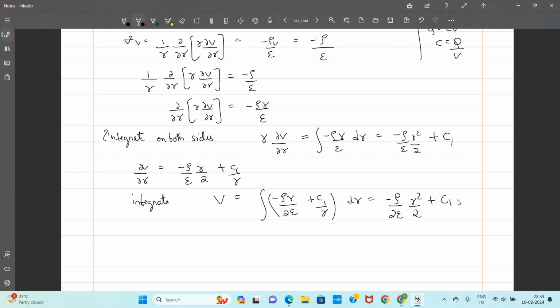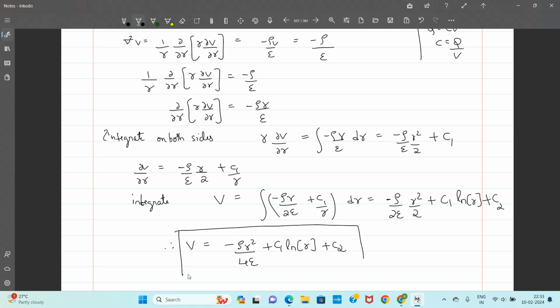Integration of 1 by r is natural logarithm of r. Since you have done another integration, I need to add one more constant here. So finally I'm getting the potential equation as minus rho into r square by 4 epsilon plus c1 into natural log of r plus c2. This is the equation I got for potential.